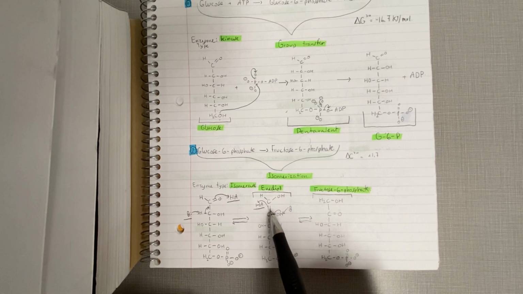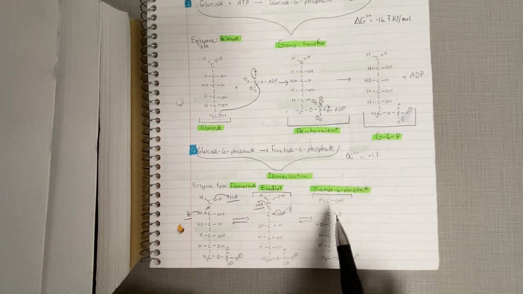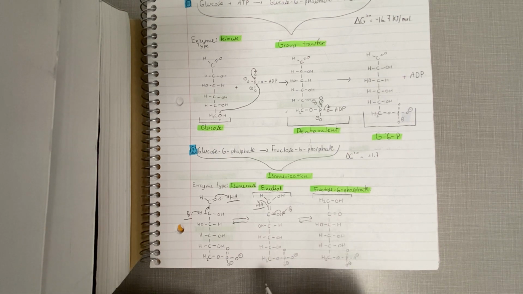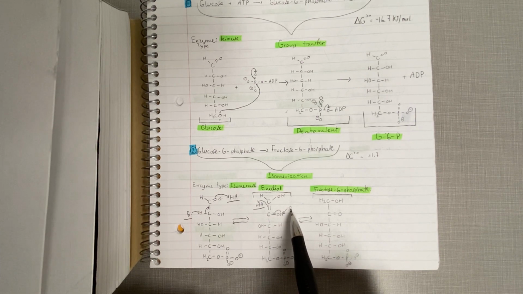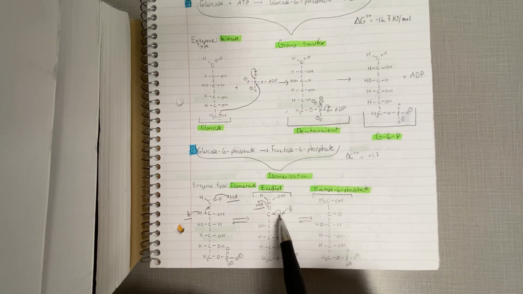Now what we want to do is to have this carbonyl group there. So for that to occur, we will need the deprotonation of this hydrogen here, and then the bond between the oxygen and the hydrogen is going to roll down and form that double bond.